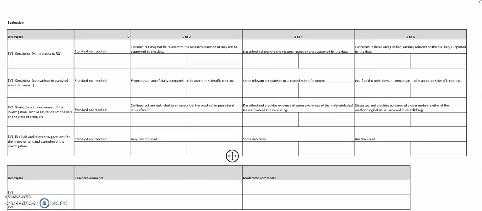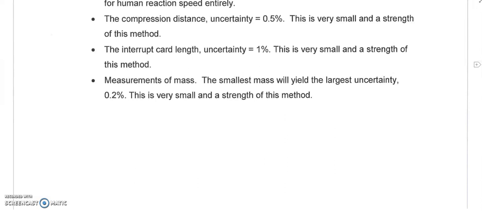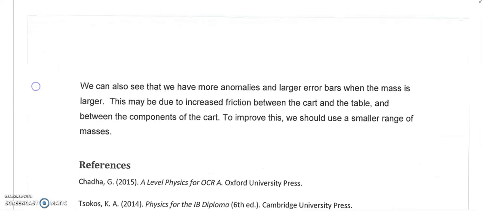Methodological issues are errors in the method itself that you could legitimately fix by changing the method. Anything methodological is problems with the physics. So I dropped the ball from too high a height, and that meant it was reaching terminal velocity, and therefore I wasn't measuring the acceleration that I thought I was measuring. Things of that ilk.